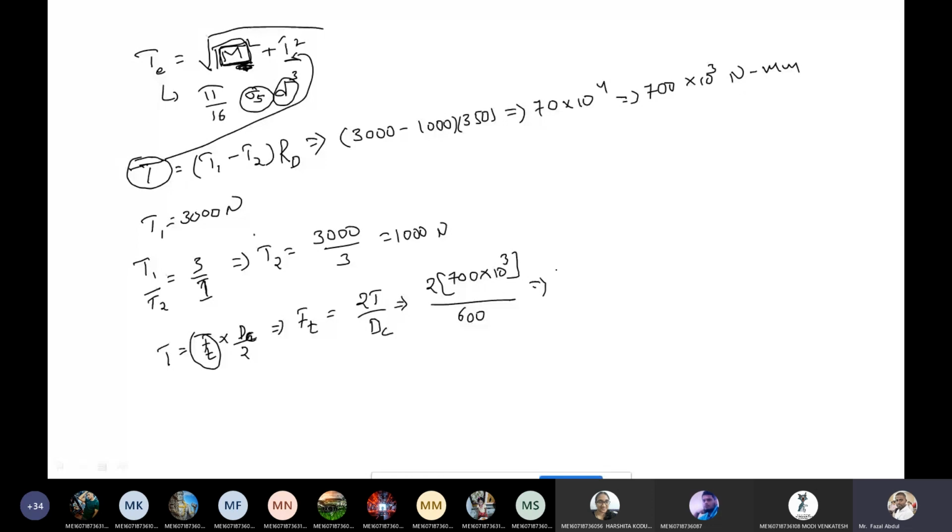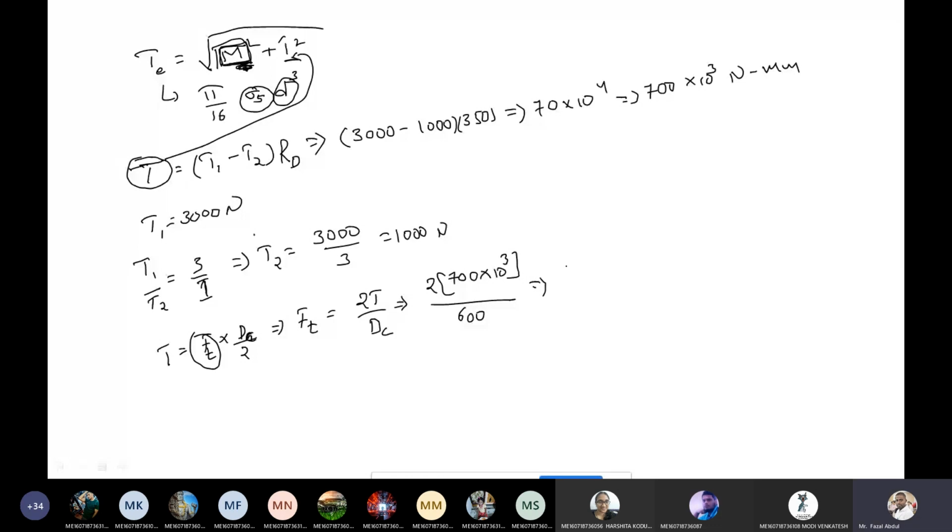What is the value of Ft, the tangential force? Make it fast. Four triple six. That is wrong.